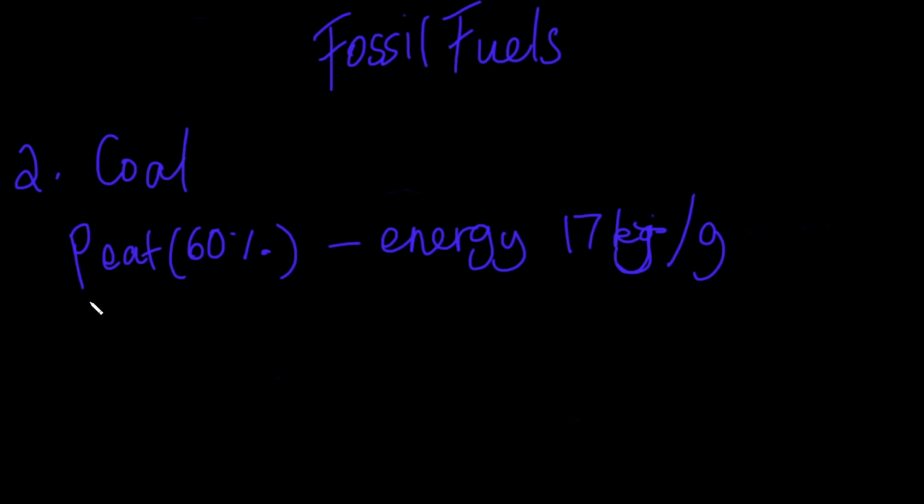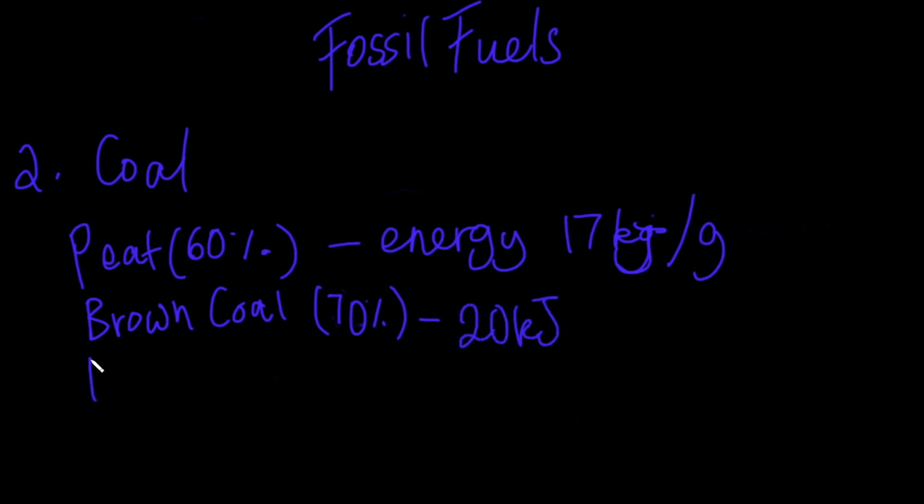Compare that to something like brown coal, which has a higher carbon content, closer to 70%, my apologies. That has an energy content of closer to about 20 kilojoules per gram.